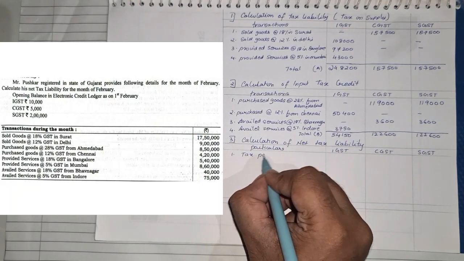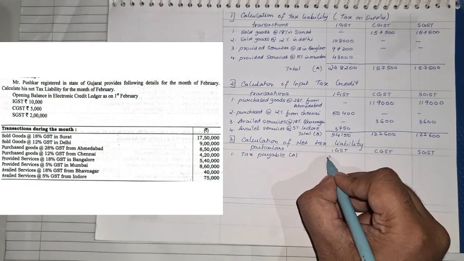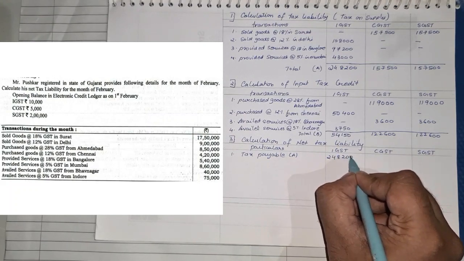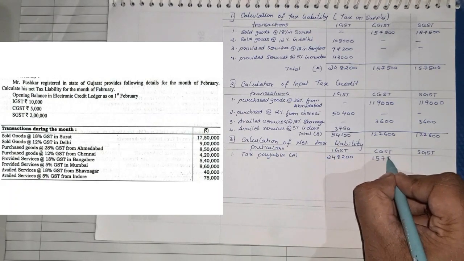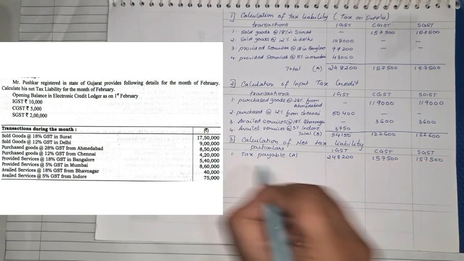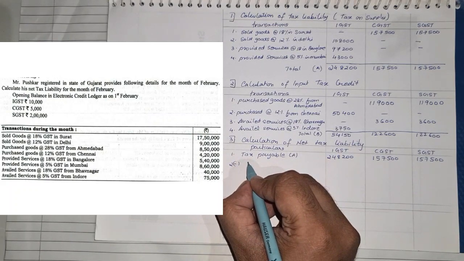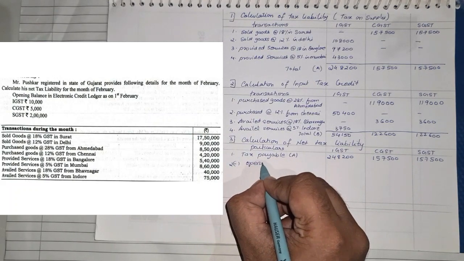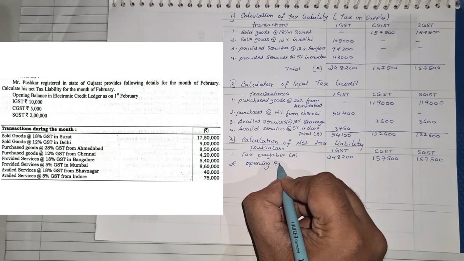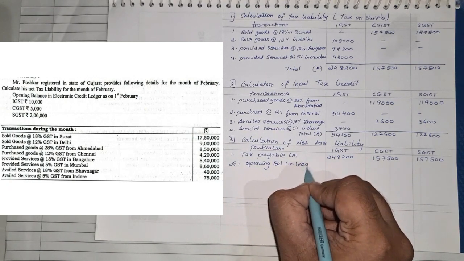So tax payable, that is nothing but the part A answer, that was 2,48,200, 1,57,500 and another 1,57,500. Step number 2 will be less opening balance of electronic credit ledger.